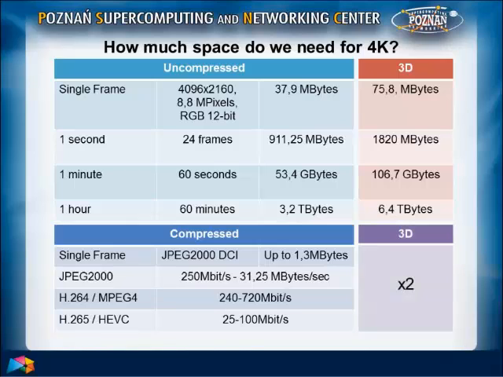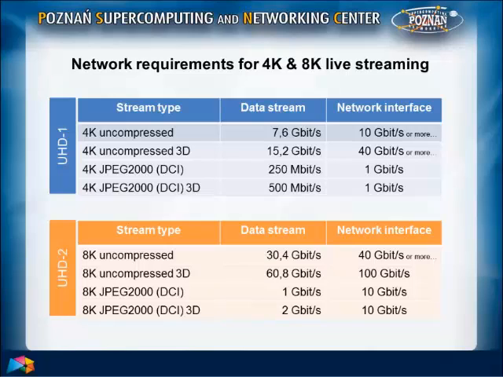And for 3D, of course, you need to double those numbers. Network requirements for 8K uncompressed: we need a 100 gigabit link, which is quite much still.